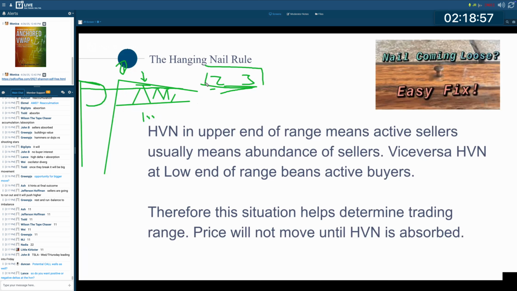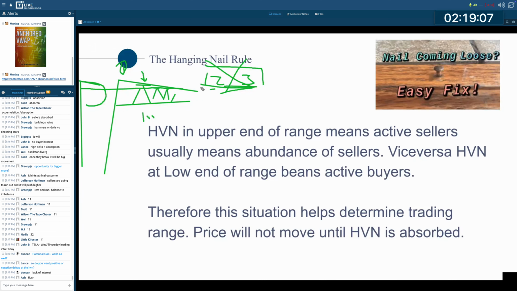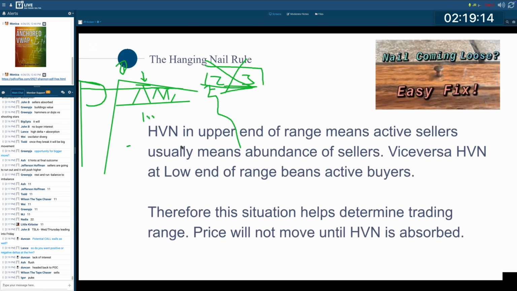Because what does the auction do if buyers say F this, there's nowhere we're going to get through here? What are we going to do? There's one word. We're going to rotate. We're going to rotate back to levels of fair value for buyers where they're going to be more interested in buying. If you look at a chart of Tesla for the last month, you see that picture played out very clearly.